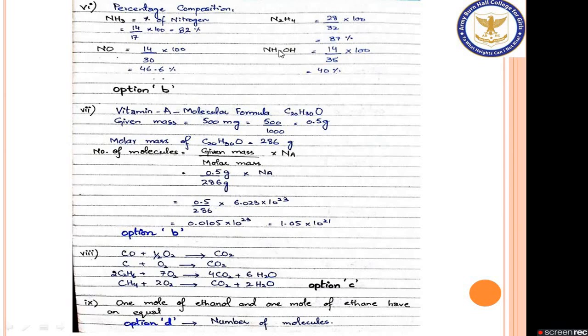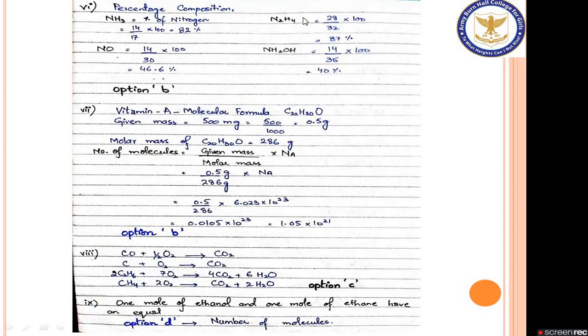After solving, we get 46.6% and 40%. The MCQ demands which compound contains the highest percentage by mass of nitrogen. From the percentages, we can conclude that hydrazine, option B, will be the correct option.